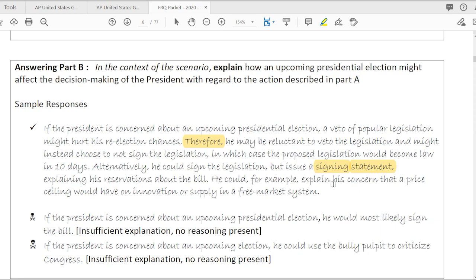He could, for example, explain his concern that a price ceiling would have on innovation or supply in a free market system. And as you should know, when there's a price ceiling, it leads to shortages. Again, plug in what you learned from Clark on if you get a question like that.